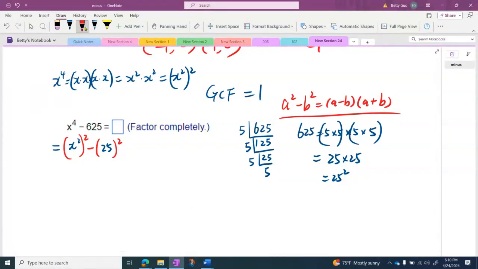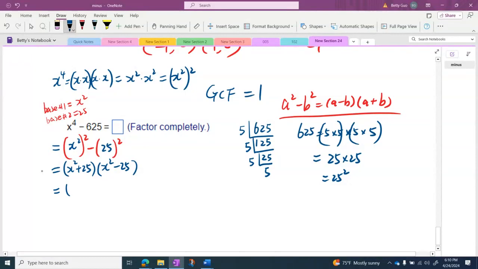And then you're gonna write on your scratch paper, the first base is x squared, and the second base is 25. So now we can factor this binomial as parentheses times parentheses. In the first parentheses, we have the first base plus second base. In the second parentheses, we have the first base minus second base.